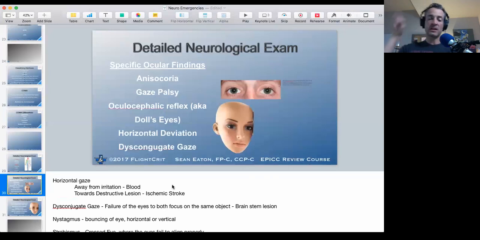Now, the other side of that is the eyes will have a tendency to deviate towards a destructive lesion. So somebody who has an ischemic stroke or a tumor, some kind of space-occupying lesion, the eyes will look in the direction of the lesion. That will help guide you.